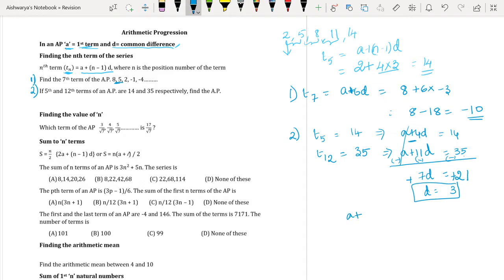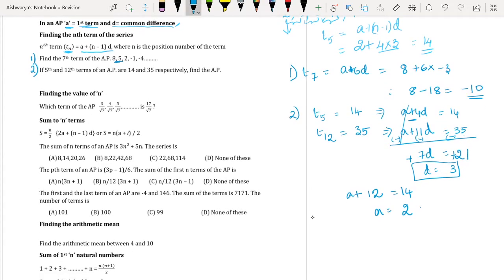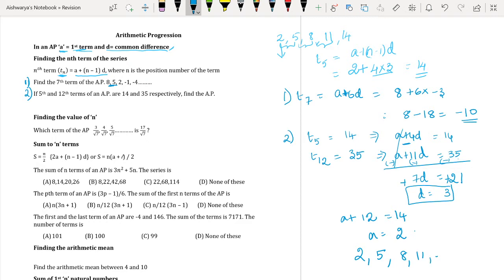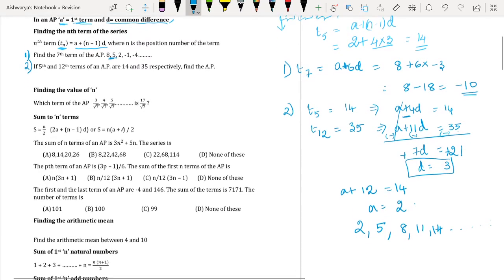A plus 4 threes, which is 12, is equal to 14. So A is equal to 2. So your AP becomes 2, 5, 8, 11, which is what we had written initially. In the exam they will be giving you options, so you will be able to do it easily.